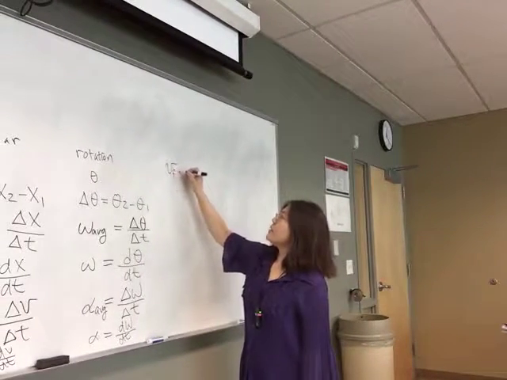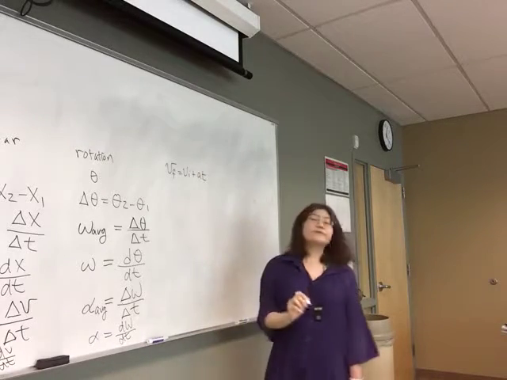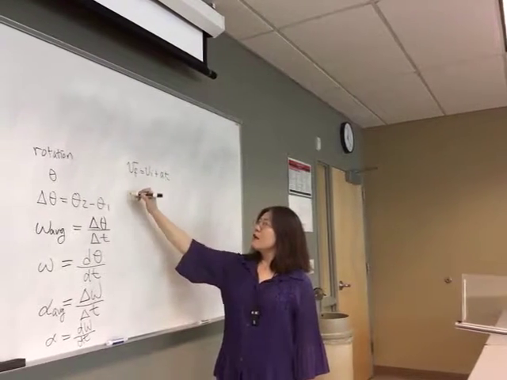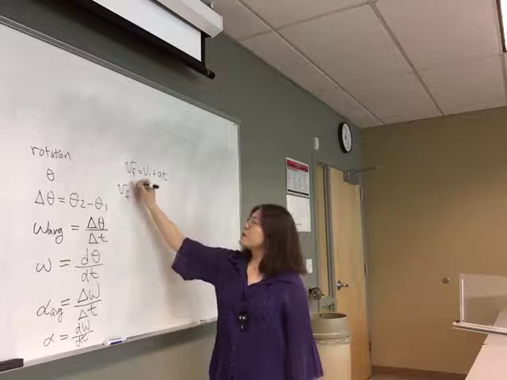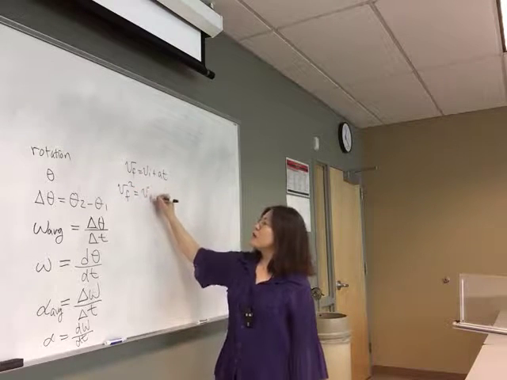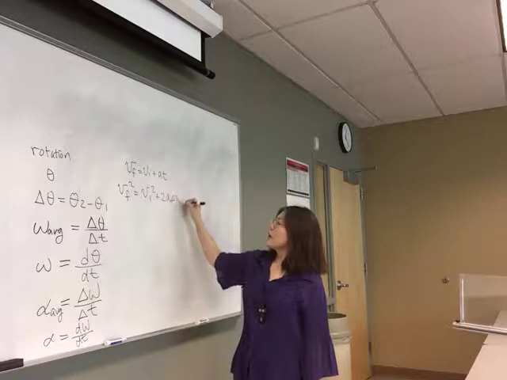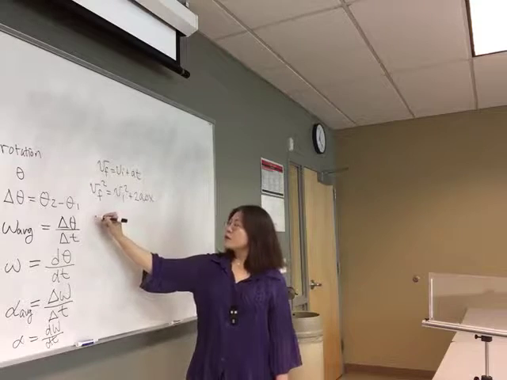Okay, Vf equals Vi plus At, that's one. And then there's a square, right? So Vf squared is equal to Vi squared plus 2A delta x, for example, right? And what's the last equation?